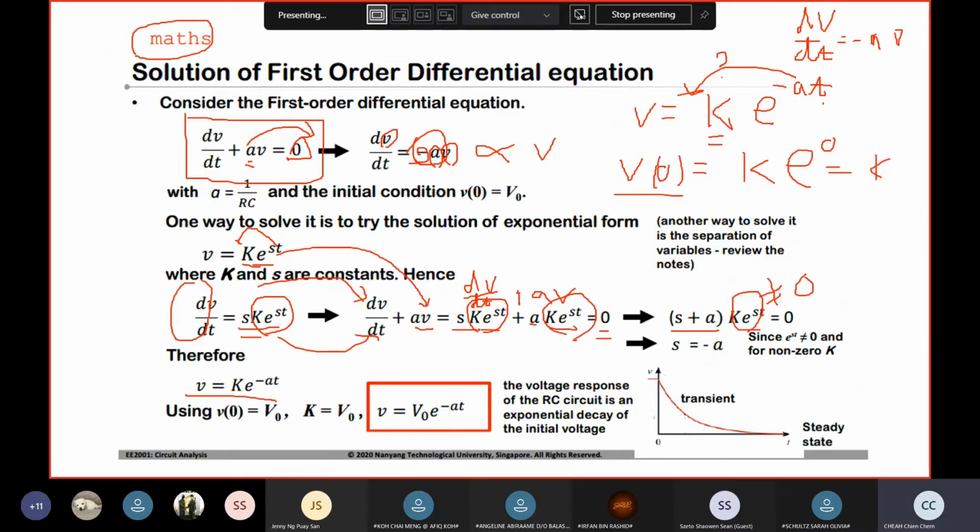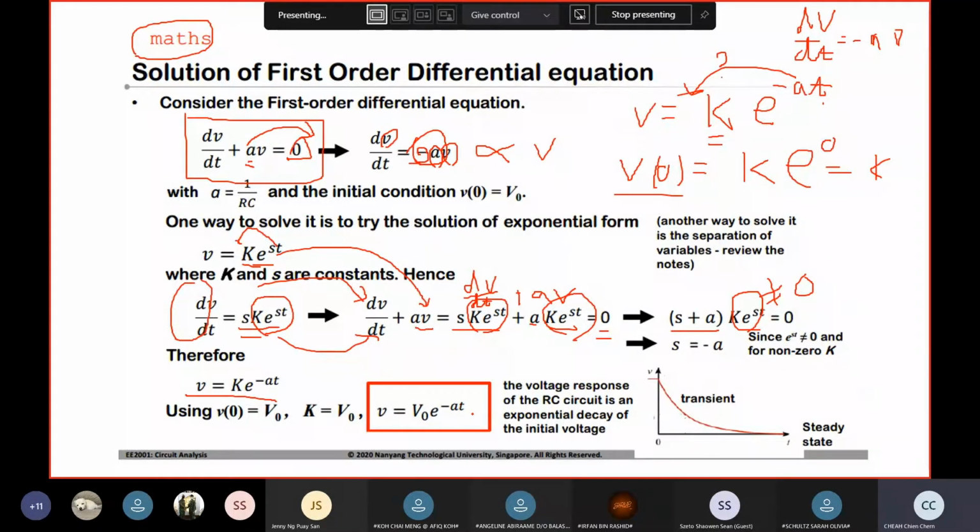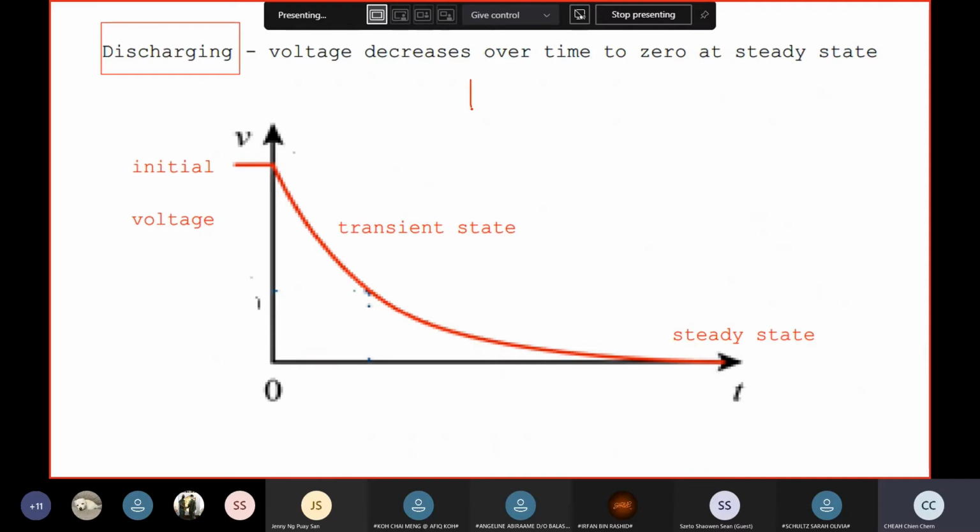Now this equation, if you check, V(t) is equal to V0, the initial voltage, e to the power of negative 1 over RC, your A, multiplied by t. Now, t equal to 0, you're here.